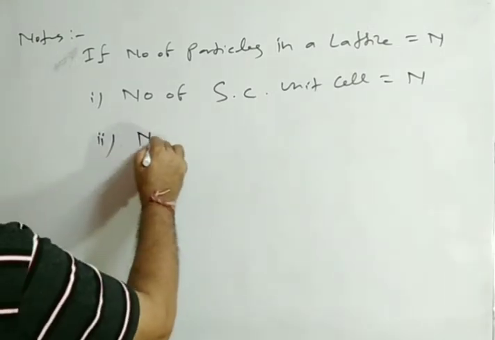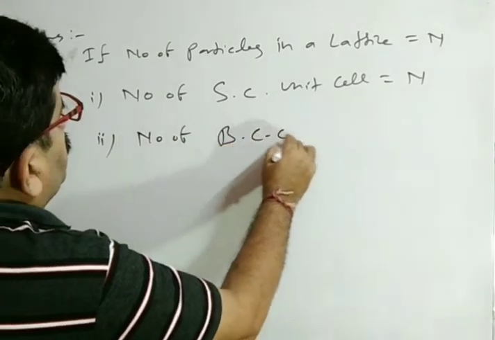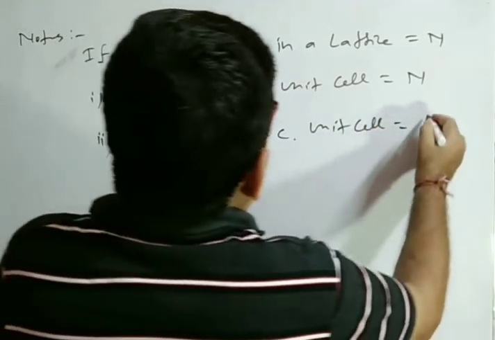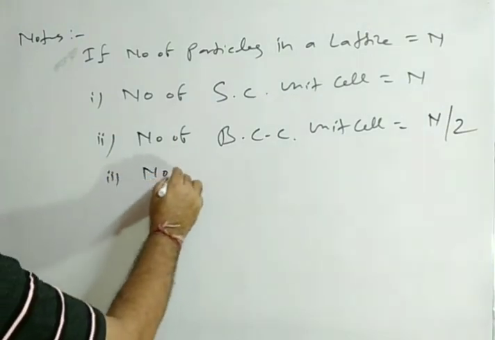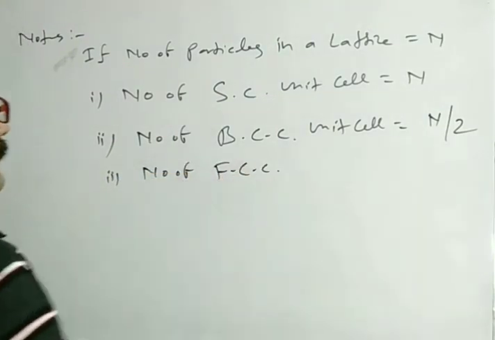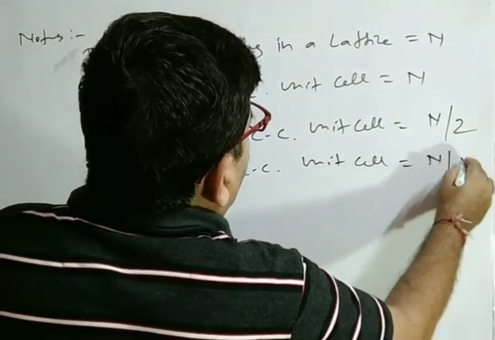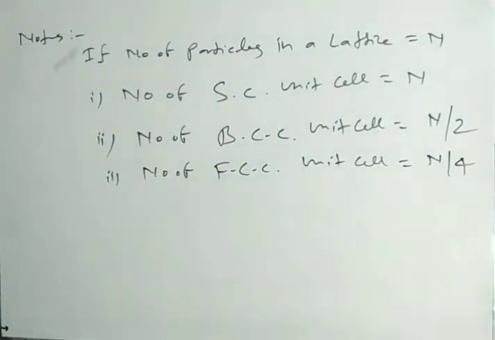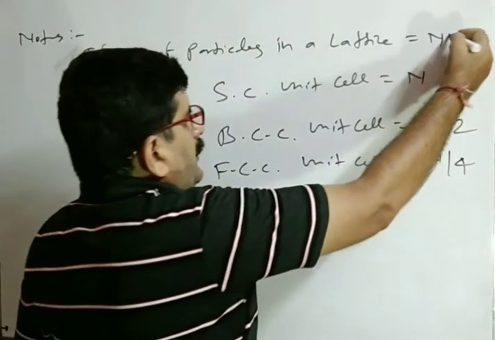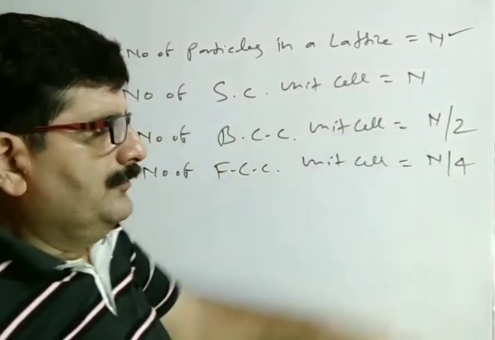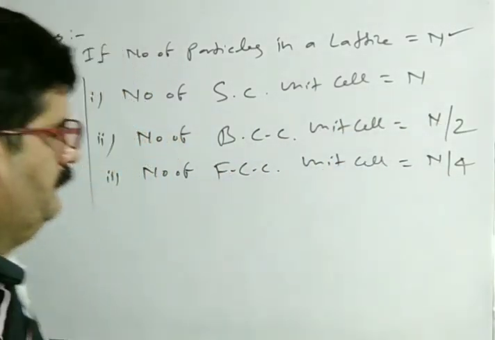Second one, number of BCC, body center cubic unit cell is equal to what? N by 2. And third one, number of FCC, face center cubic unit cell, is equal to N by 4. So if number of particles in a lattice is given, then we can find out the number of unit cell. Here N by 2, in last case N upon 4.